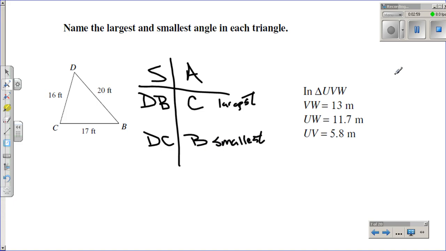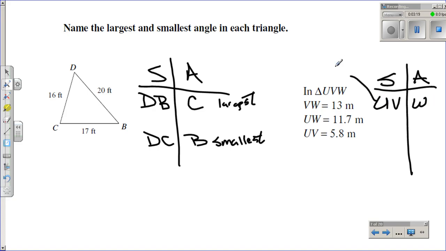Simple. Set up the chart. Sides, angles. The smallest side, 5.8, which is UV. What letter's missing? W. That was the smallest side. This is the smallest angle. Actually did that backwards in order, but I still have it right.